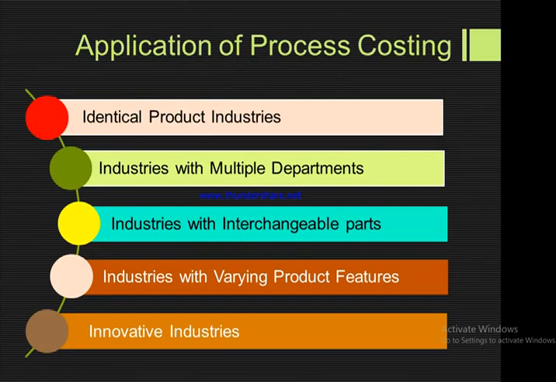Now when you look into the application of process costing, where are we going to use it? This method is basically used in those industries where the product is identical. The industries have multiple departments where the product has to move from one department to another.